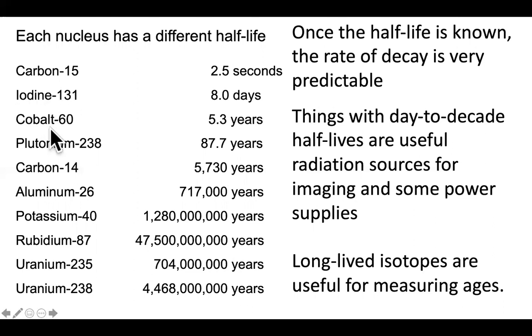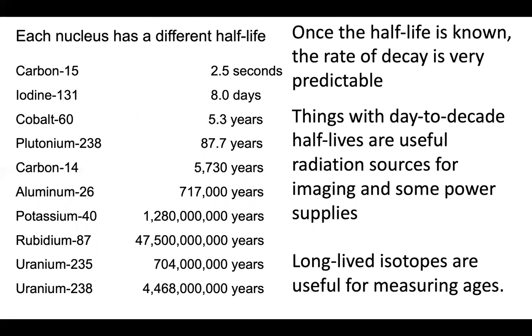If you have a source of cobalt-60 and it produces so many nuclear decays now, you know that in about 5 years, you will have about half the material left, and then the number of decays will have gone down by a corresponding amount.